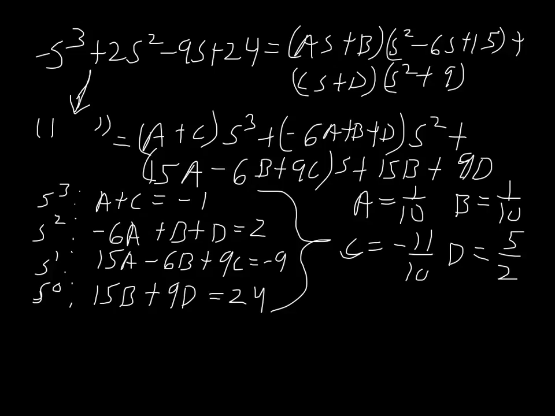Okay? Now, from here we're just going to write that out, because now we have this. What I did is I took a 1/10 out of the whole equation because we had a lot of 1/10s.